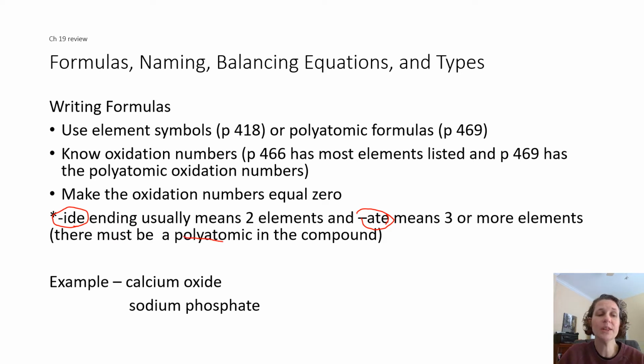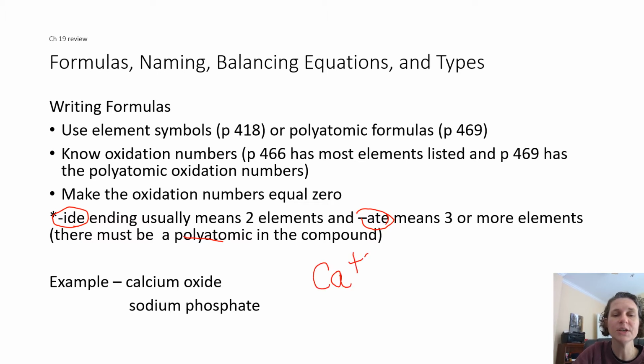So with that being said, our examples, we have calcium oxide, "ide" ending, so we've got 2 elements that we are dealing with. Calcium is Ca, and it has a +2 oxidation number. It's an alkaline earth metal.